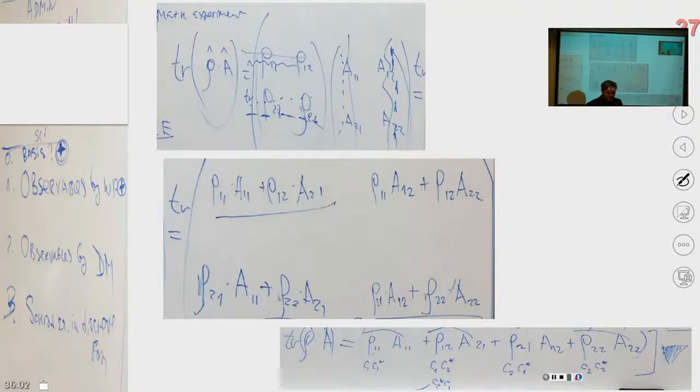Because there are some methods that avoid computation of expansion coefficients and go directly into the density matrix. So if you know it, you can multiply it by the matrix representation of the operator, take the trace, and then you will get the expectation value. Done.